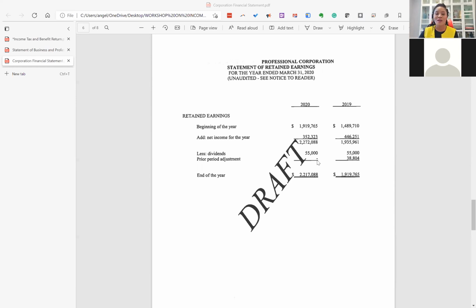So in this case, it's $55,000. Assuming this is a one owner type of corporation, you can see that there's 352,000 this year, there's 446,000 and some hundreds the other year, and they're only drawing 55,000 in dividends.